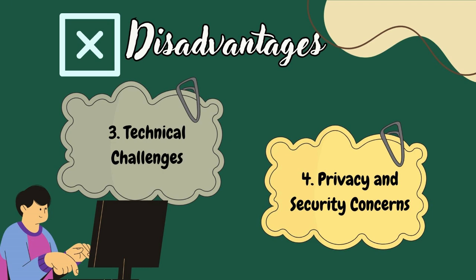By addressing privacy and security concerns proactively, educational institutions and organizations can ensure the confidentiality, integrity, and availability of assessment data, thereby maintaining the trust and confidence of participants in the assessment process.